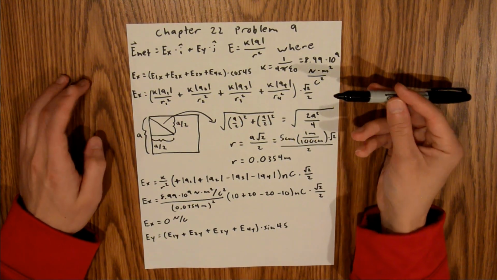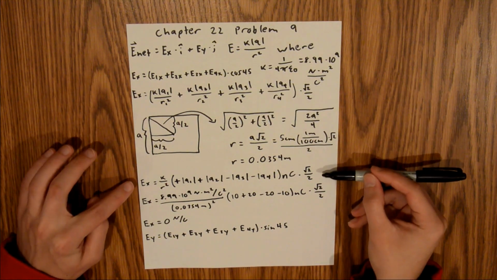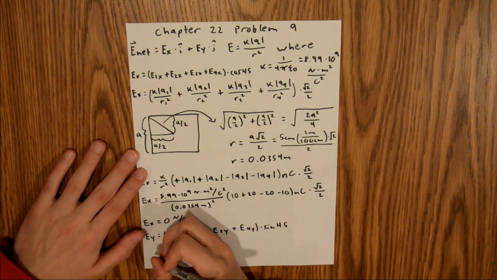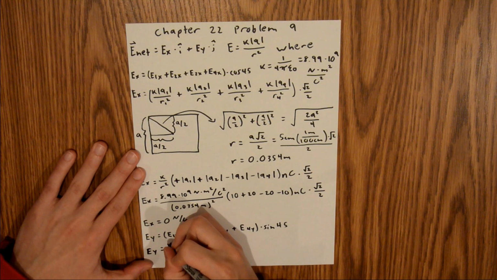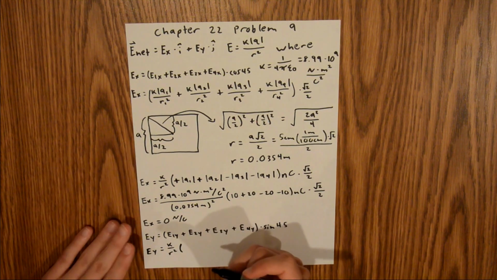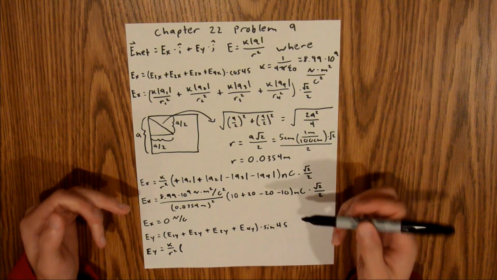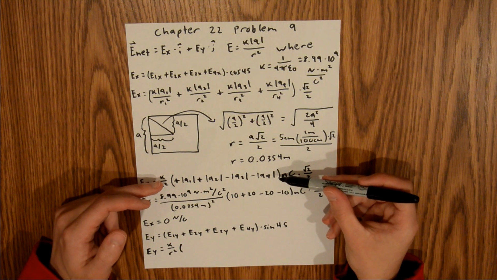To save a little bit of time, I would then expand this out the exact same way I did here. What I'm going to do is I'm just going to skip right to this step, and so we'll have E of y is equal to k over r squared times, and now we need to do the same thing where we analyzed which direction the field is flowing from or to these particles in the y direction.